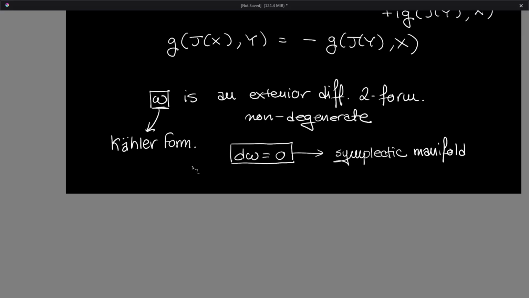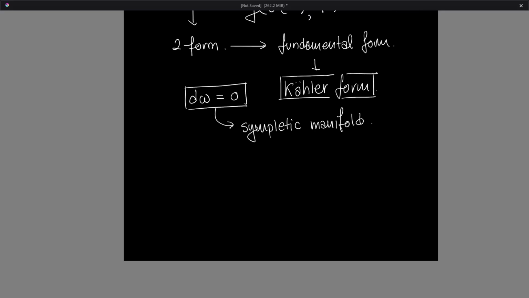We're now going to move on to talking about Hermitian vector bundles. Hermitian vector bundles are pretty self-explanatory.